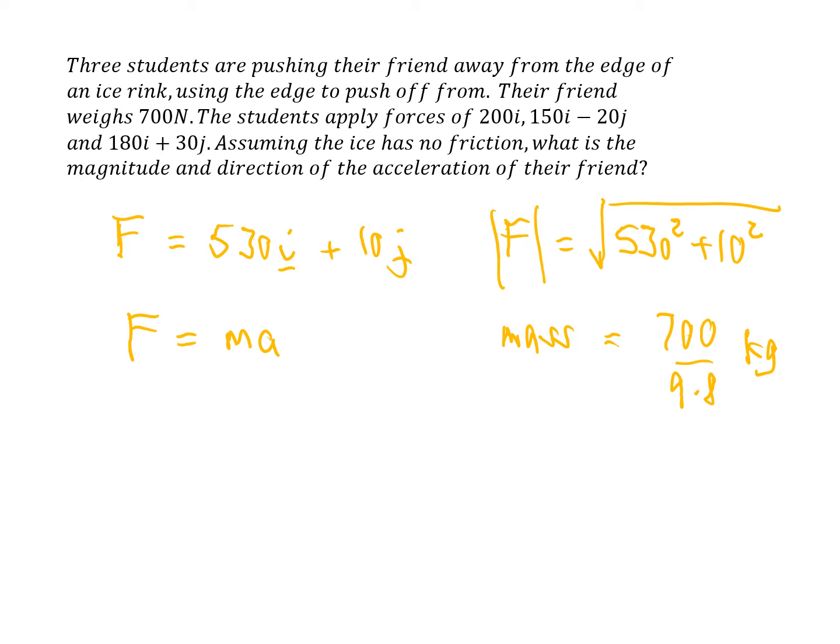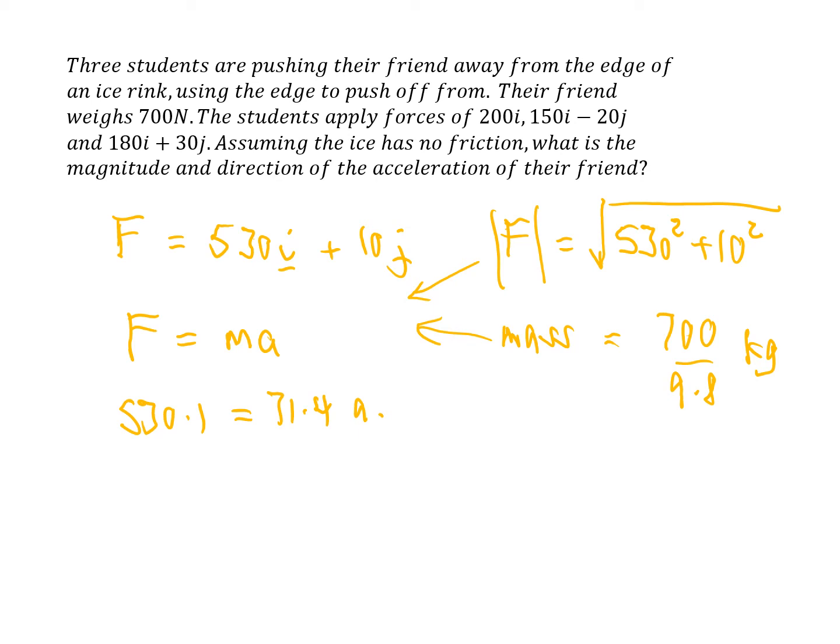And so we can pop these two things now into the equation. The square root of 530 squared plus 10 squared is around about 530.1. The mass is around about 71.4, times the acceleration.